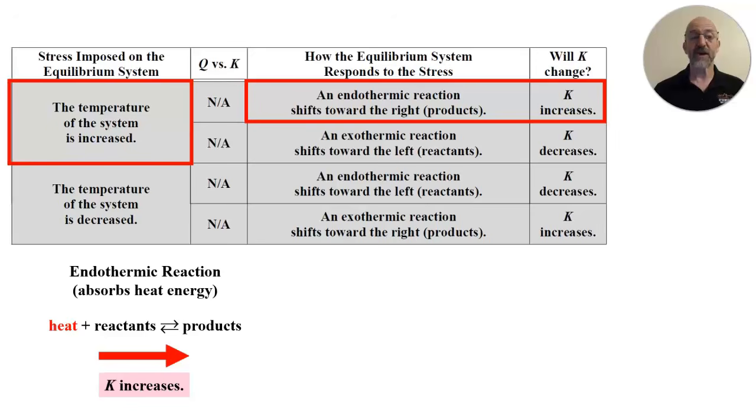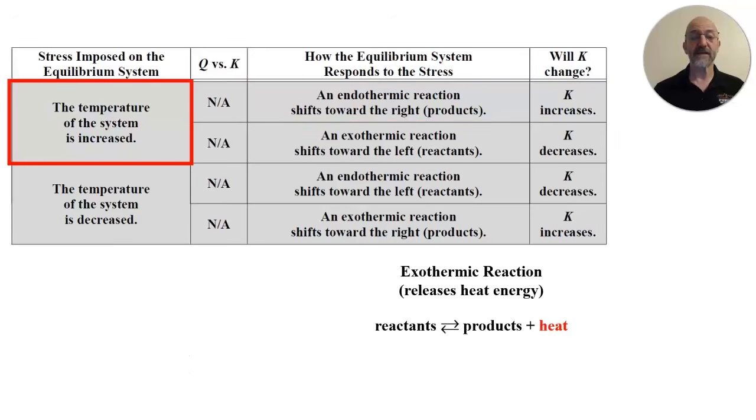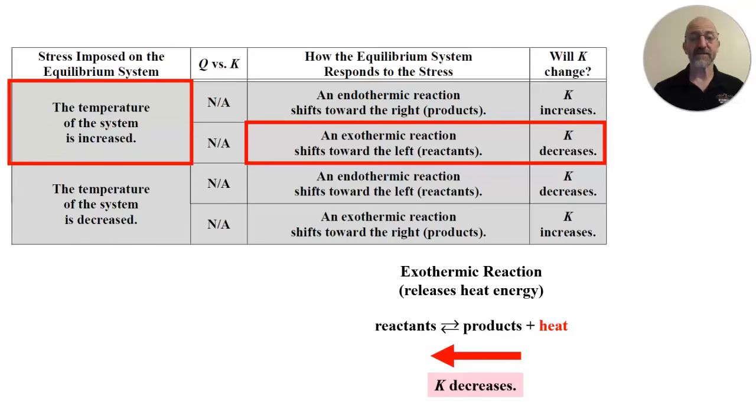Suppose that the temperature of the system is increased, but the reaction is classified as an exothermic process. You will still have a shift in the endothermic direction, but that would be from right to left, so from products toward reactants, and that would cause the value of K to decrease.